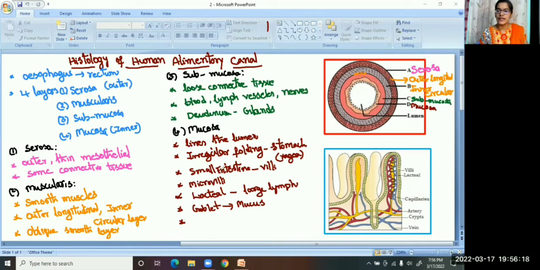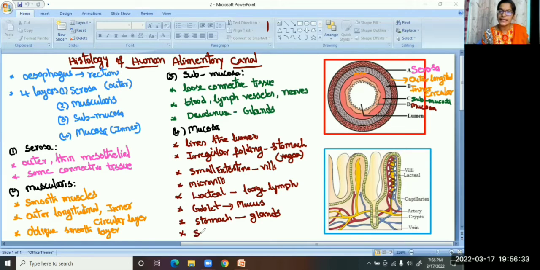And mucosa in the stomach region has some glands, which are known as the gastric glands.